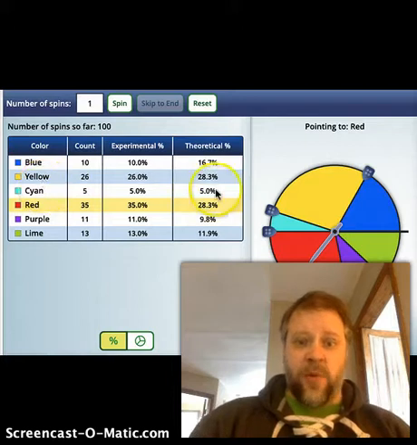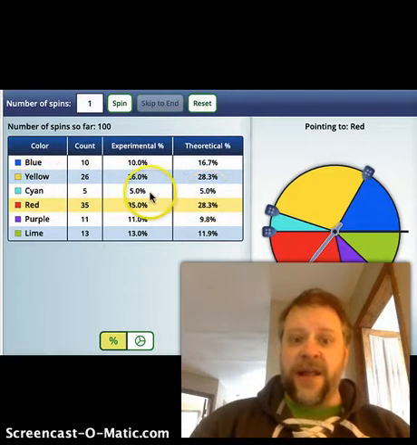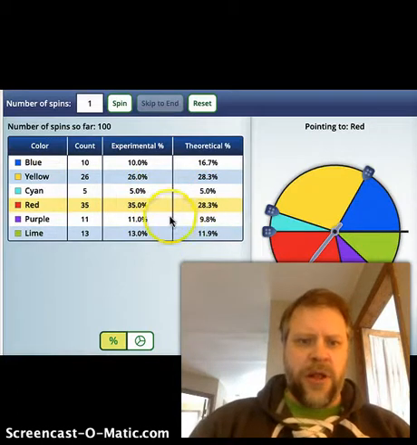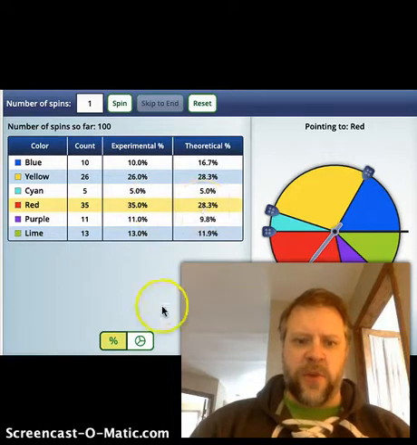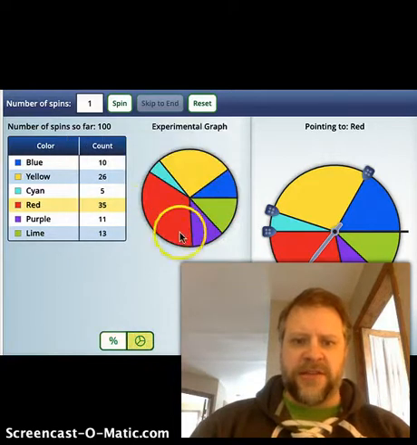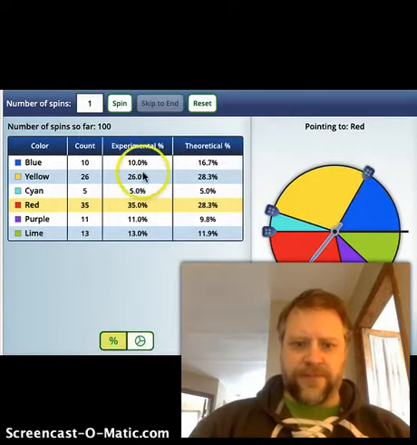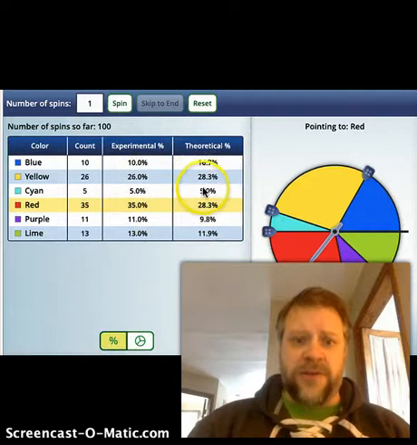Blue, cyan, was expected 5% of the time, and look at that, it came up 5% of the time. Lime was a little bit bigger, but pretty close. Same with purple. The one that was really off was red. Red was at 35% to 28%. You can see that when you look at this, because this red section is much bigger than it should be. But yellow came up pretty close to where it's supposed to be.